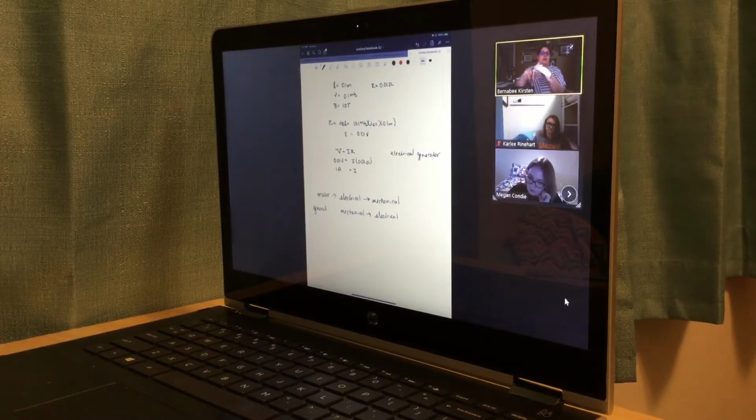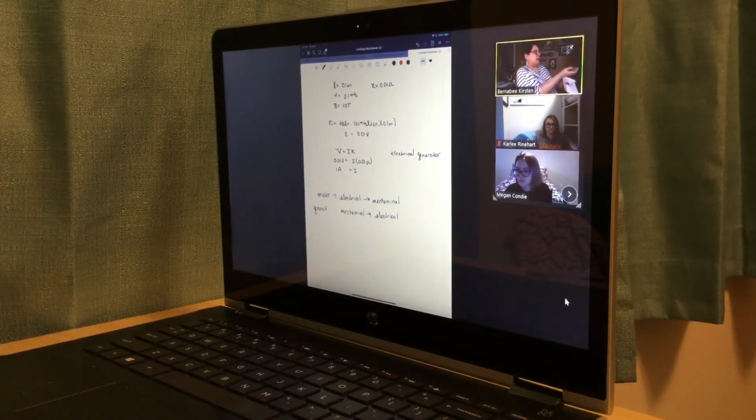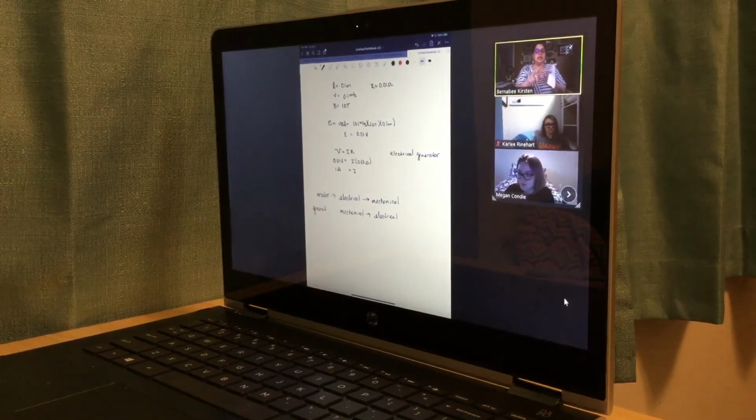But as I rotate it to here, now Q is moving to my left. My right hand's not going to like this. My field is up. This charge is going to feel a force that's going to push it out towards you guys. And we could do the same thing down here.